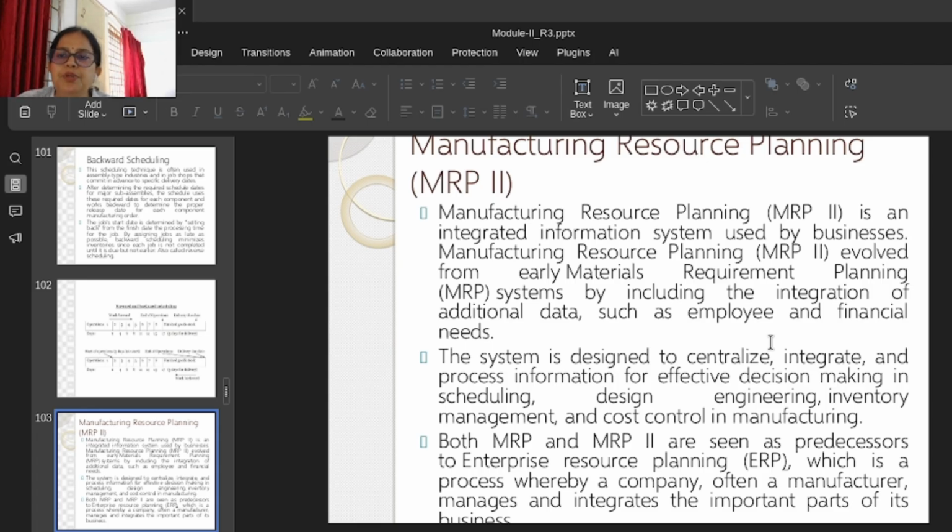MRP1 is an input to MRP2, a predecessor to MRP2. MRP1 and MRP2 are both predecessors to ERP. MRP1 is material requirement planning, MRP2 is manufacturing resource planning.